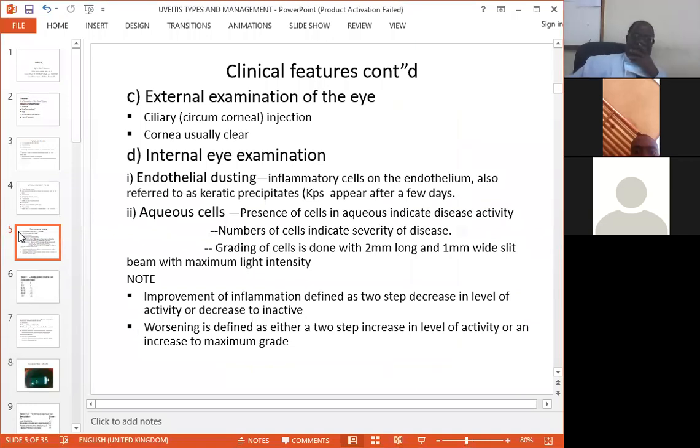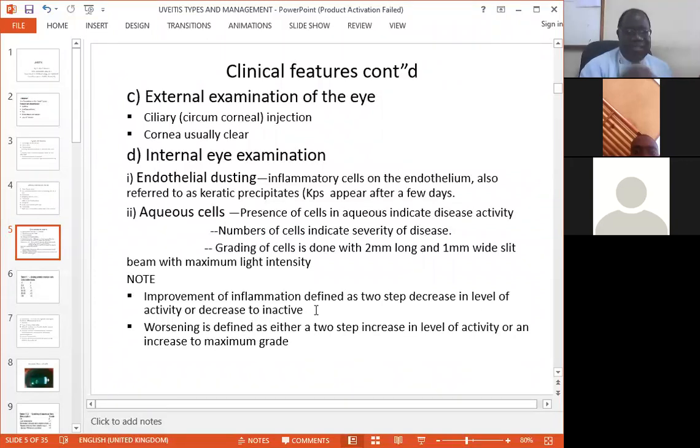On the note, the improvement of inflammation, can you help me explain the note again? Improvement of inflammation is defined as a 2-step decrease in level of activity or decrease to inactive.